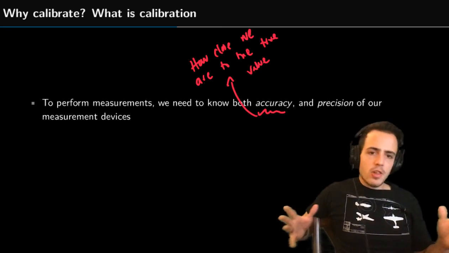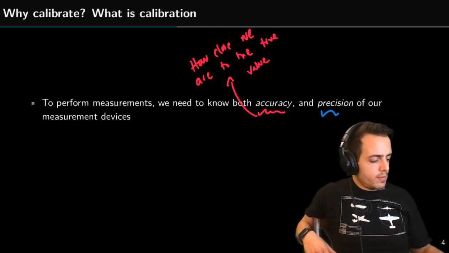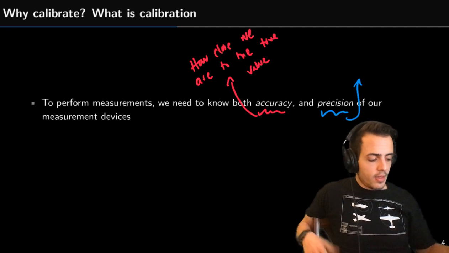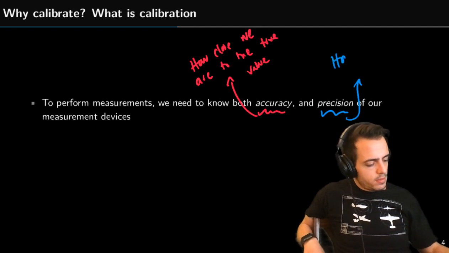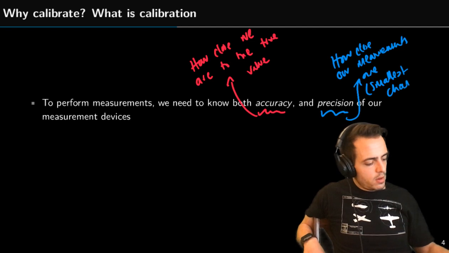Precision, on the other hand, is the smallest change that we can reliably measure, or how close our measurements are to one another. Put in brackets here, smallest change.